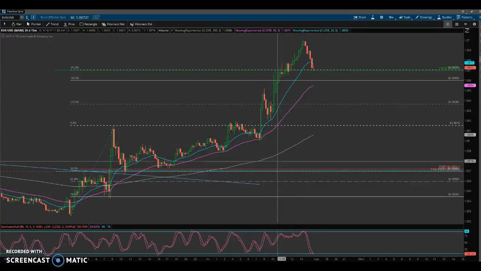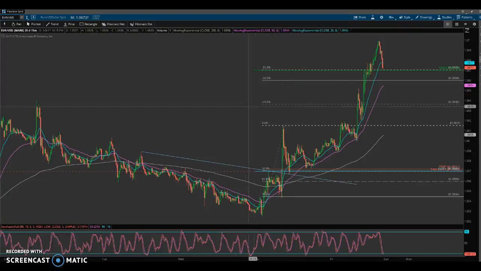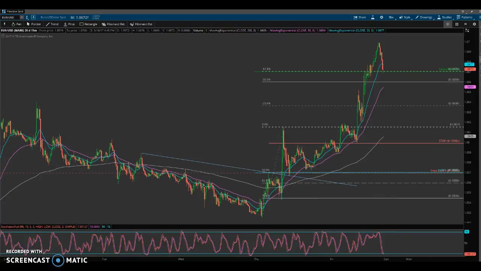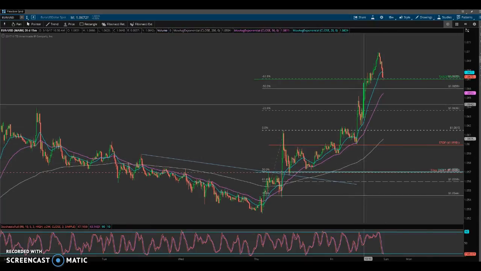So it was nice to see, and after this strong push up and close above these levels, I tightened up my stop a little bit more, just up to right around 1.06 level, just underneath that, and just kind of rolled it up.